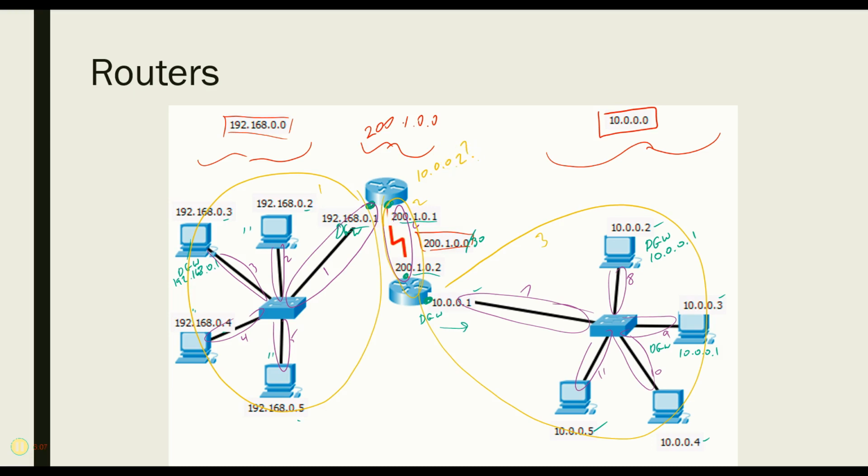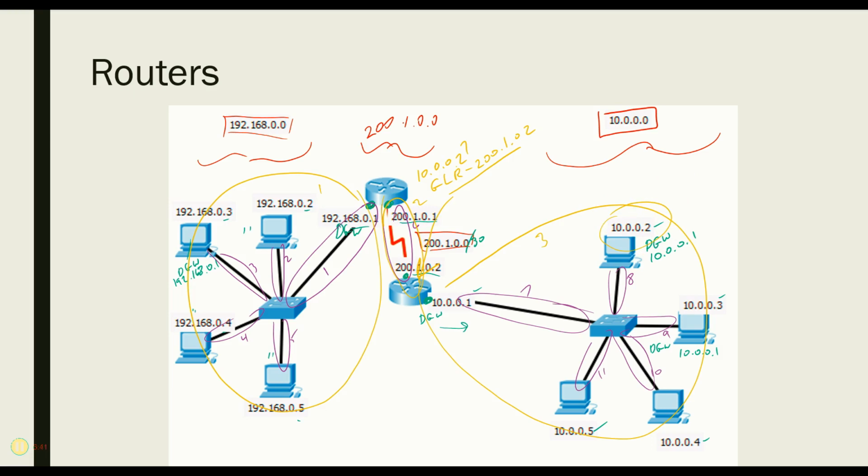It doesn't know, so it's going to send the information out to its gateway of last resort. It's kind of like a default gateway, but it's what we call it when we're talking about routers. In this case, it's only connected to one other router, so the gateway of last resort is 200.1.0.2, because it would go to this router here. Once this router got that packet, it would know how to get to the address we were looking for.